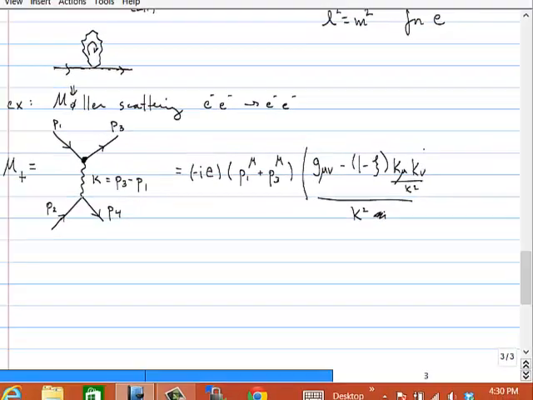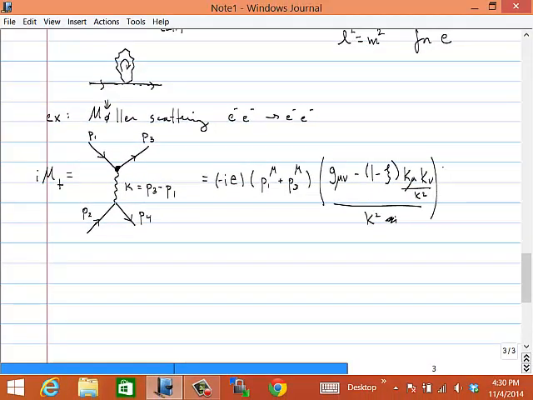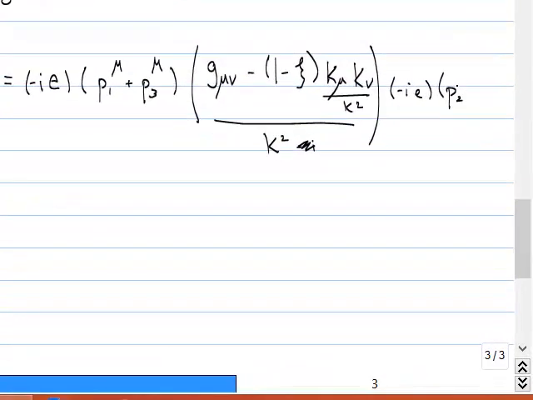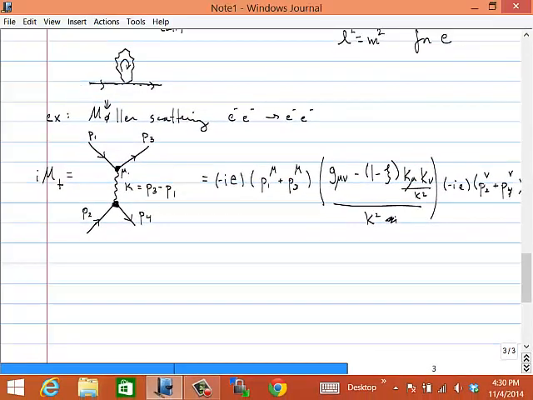Those are only going to be important when performing loop integrals. And then we have the interaction vertex down here, which gives me a minus i e times p2 mu plus p4 nu. Here, mu is the label up here, and nu is the label down here. And as usual, when you hook up these different interaction vertices and propagators with one another, you contract the various indices.